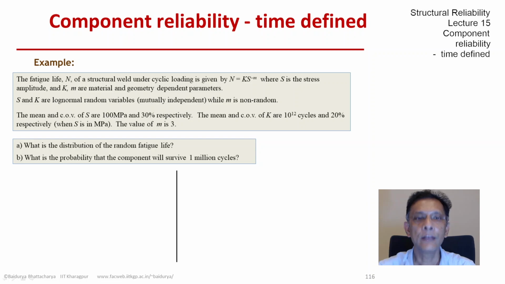So this kind of gives an idea of the random time to failure. We are now talking about random number of cycles to failure. Random time to failure is parameterized by the stressor. So the stress amplitude here is the stressor, and that is now considered a random quantity.